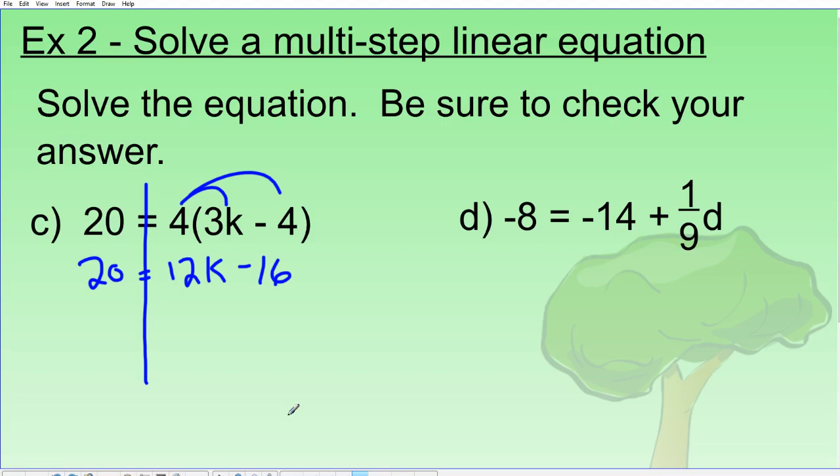Parentheses are gone. Combine like terms. I do not have anything I can add together here because these do not have the same variable. Next, get rid of add and subtract before multiply and divide. So I'm going to get rid of this minus 16 here. So I'm going to add 16 to both sides.